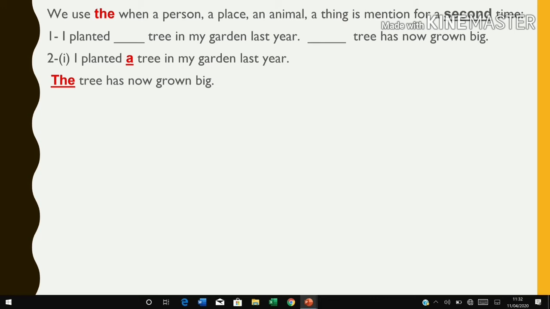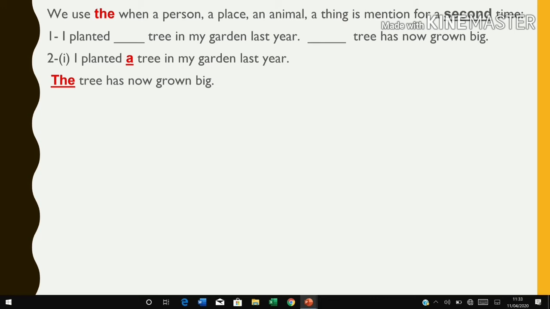But this was easy, because we were talking about one tree or one thing. But what if I talk about 5 trees, 10 trees? I planted 10 trees in my garden last year.